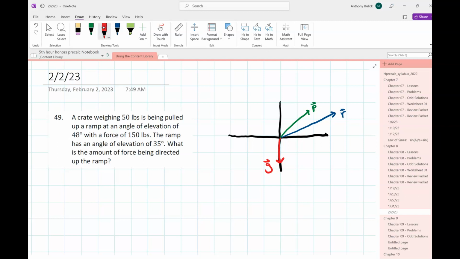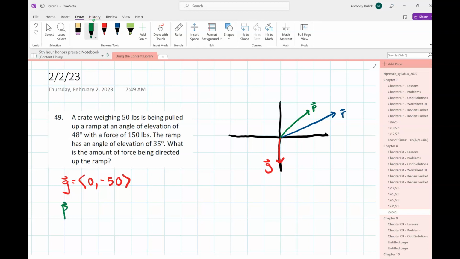So let's resolve these vectors into component forms. So gravity is just going to be the vector 0, negative 50, since we're told the magnitude of the gravity is 50 pounds, and gravity points straight down. Everybody's cool with that? Just from a common sense standpoint, we can probably say that.